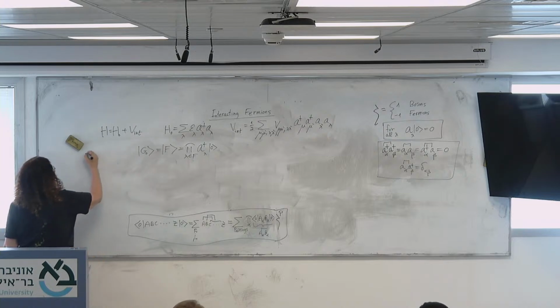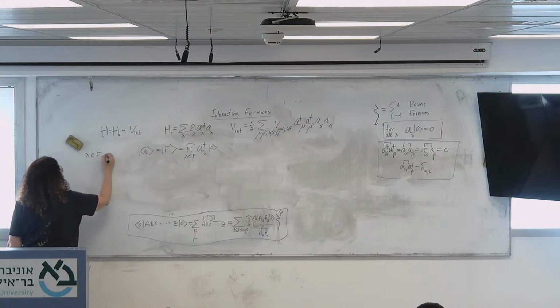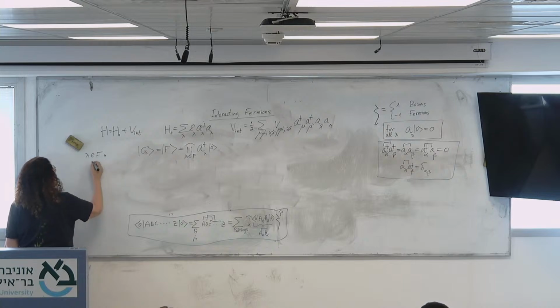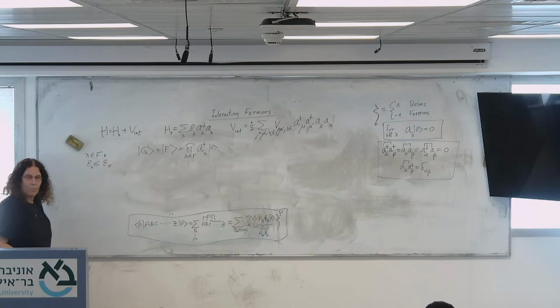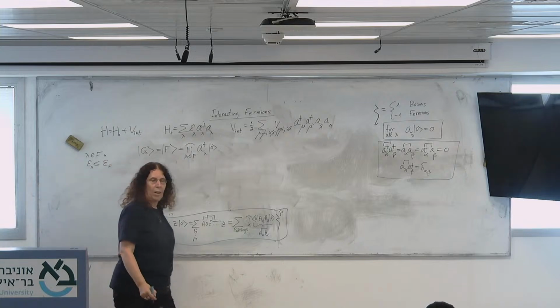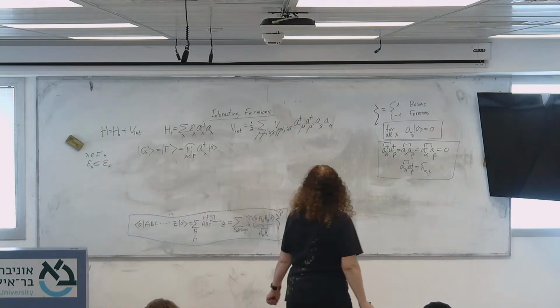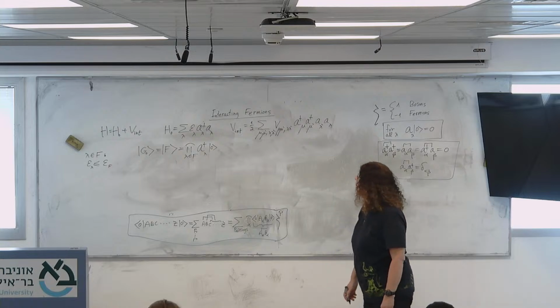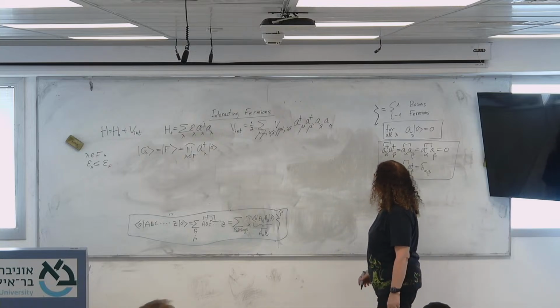And I just remind you that the definition of this is that epsilon lambda is smaller or equal to the Fermi energy. That's a definition. So it's inside the occupied levels below a Fermi level. Okay? All right.